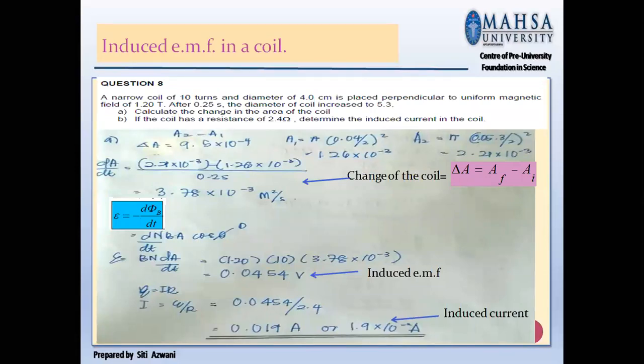Okay, for question 8 here, you have a problem under the induced EMF in a coil. You have a change in the diameter.